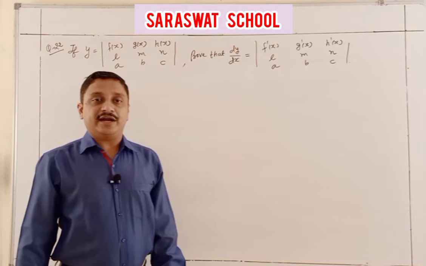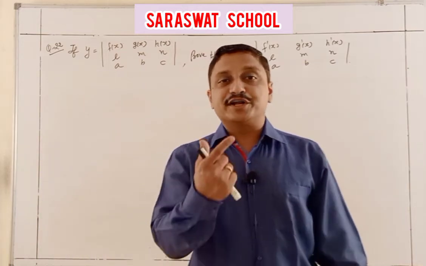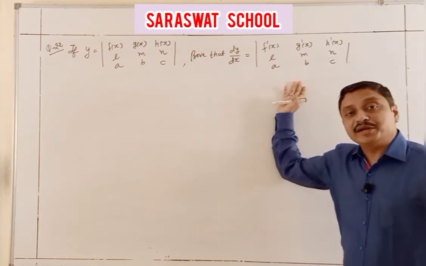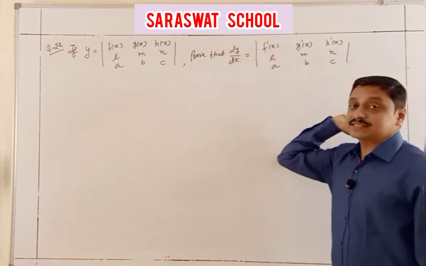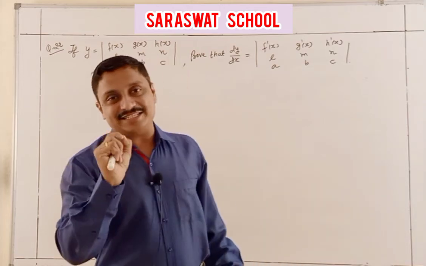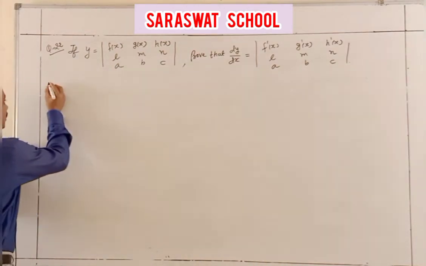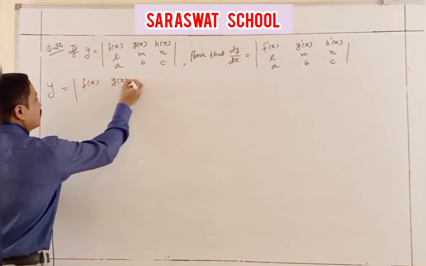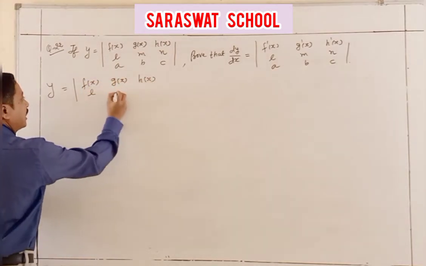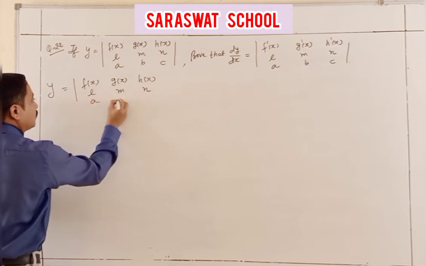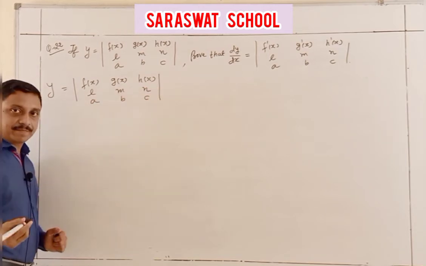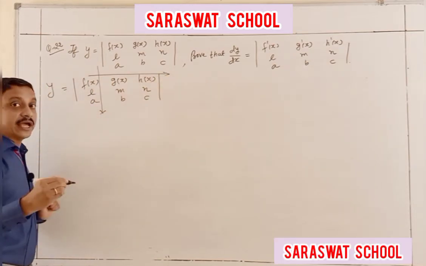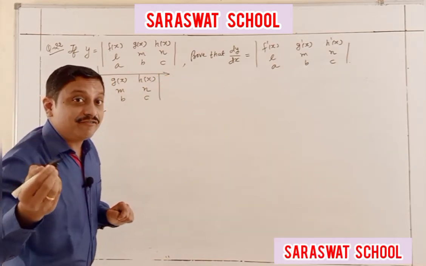Now students, we are going ahead with one more question related to determinants. And the derivative of our determinant, where the entries are derivatives f dash x, g dash x, h dash x. So first of all, I expand by the definition, with entries L, M, N and A, B, C. Yes students, I am going to expand by a row or column entry by definition.